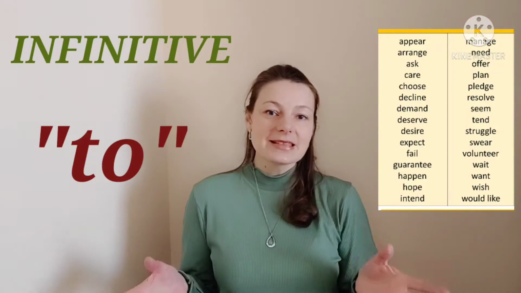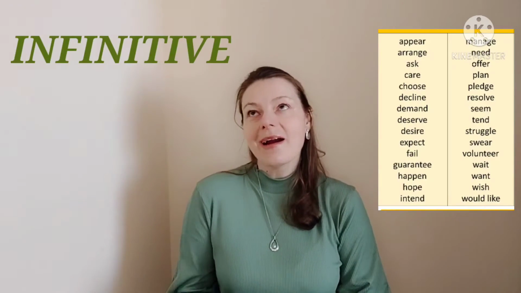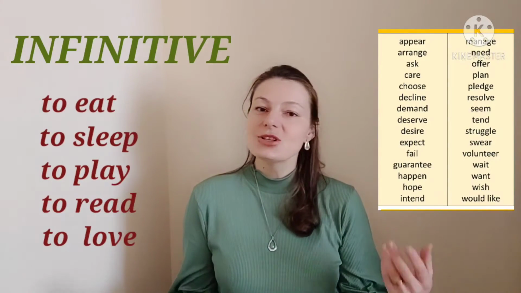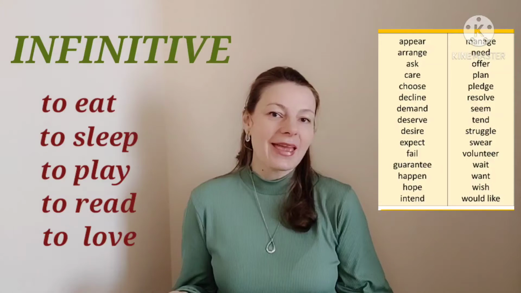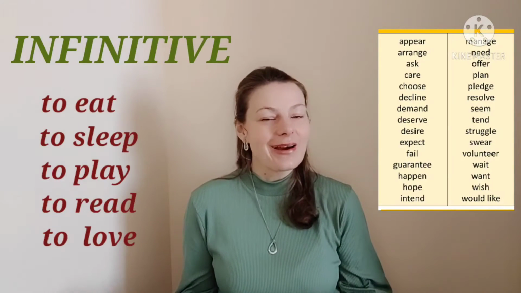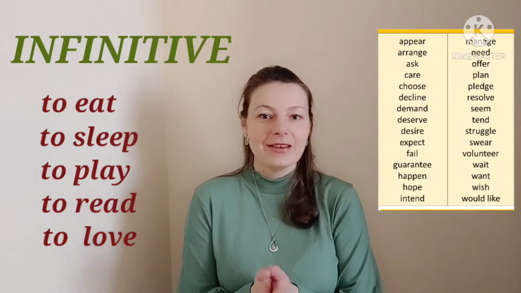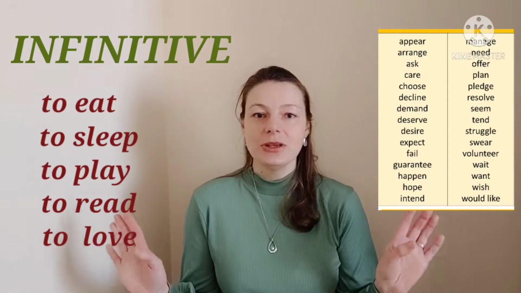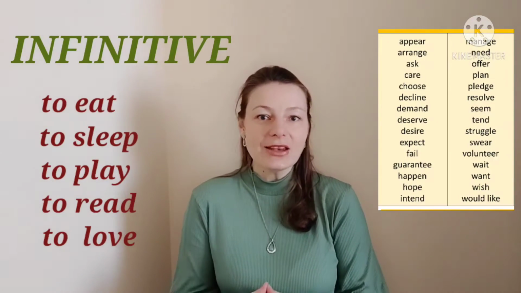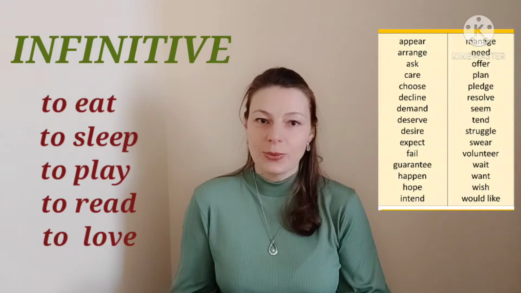Okay, the examples of the infinitive are to eat, to sleep, to play, to read, to love, and so on. By the way, the infinitive can't be used in the sentence as the main verb.